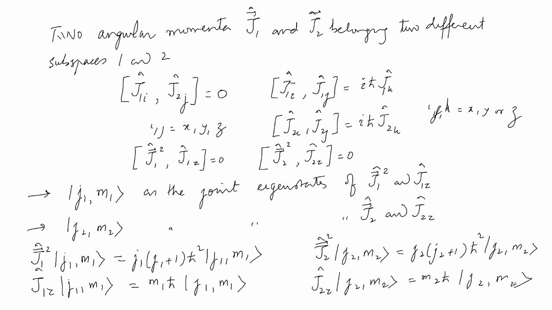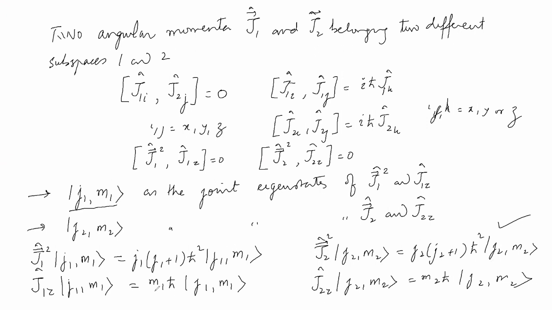Therefore, if we are treating J1 square and J1Z as the operators which have the joint eigenstates |J1 M1⟩, and J2 square and J2Z as the operators which have joint eigenstates |J2 M2⟩, then following the analogy for a single angular momentum, we may write this.